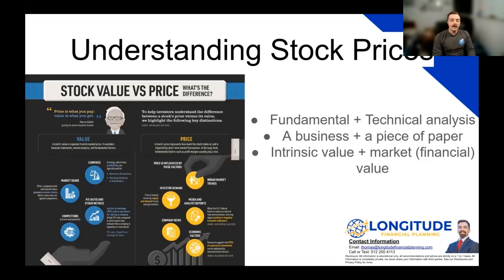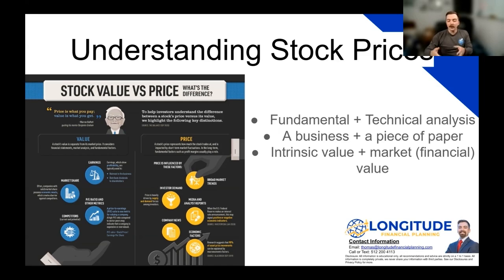So when you buy stock, you are doing two things simultaneously. You're buying a piece of a company, and you're also buying a piece of paper. Stock prices are based on both of those things, both the underlying intrinsic value of the business and the scarcity or speculation around the piece of paper that is tied to the business.